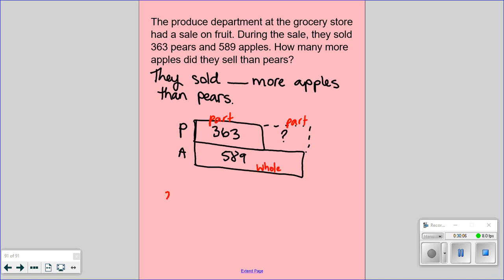Start with our known. 363 plus, what's my other part? Nothing. Well, it's not nothing. Spot saver box is worth 189.